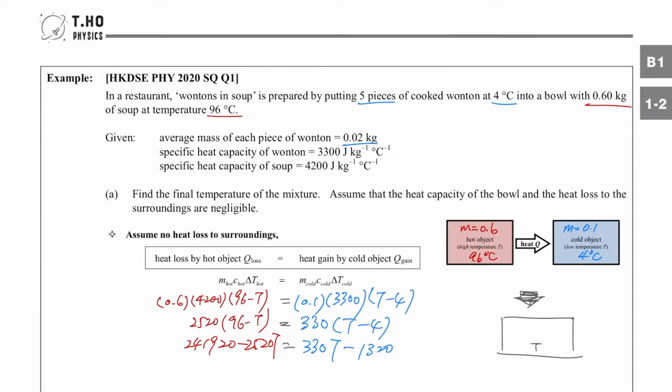Then let's put the T's together. On the right hand side we would have 2850T, and on the left hand side we have 243240. So finally T would be equal to 85.4, or 85.34 it should be. So 85.3 degrees Celsius.